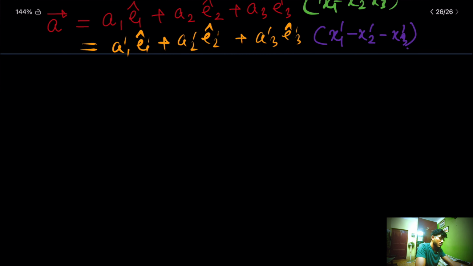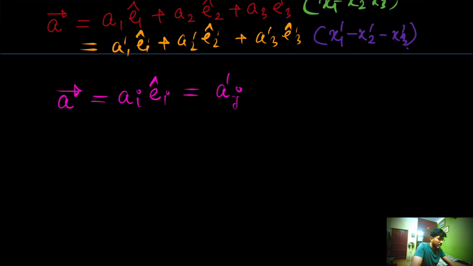So you see that this A vector can be written as ai ei cap, or it is the same as aj dash ej dash cap.